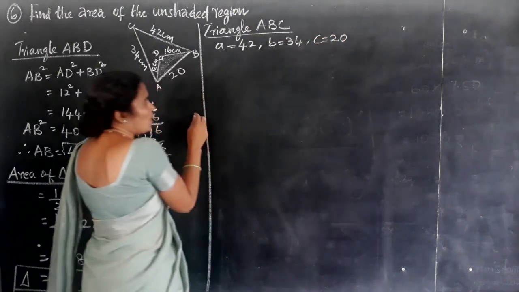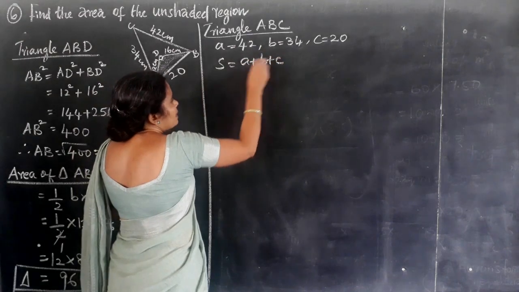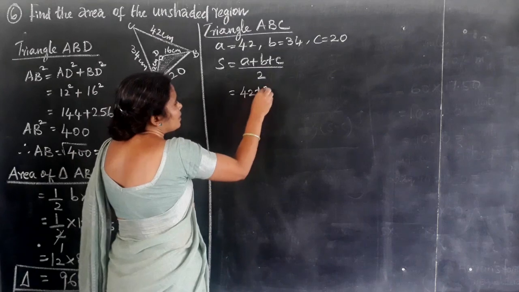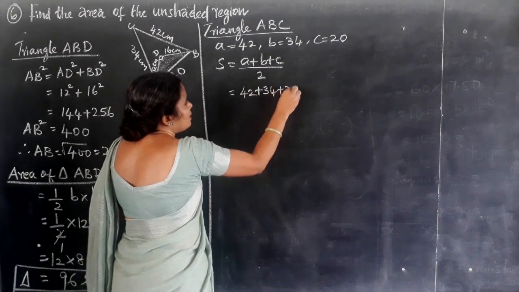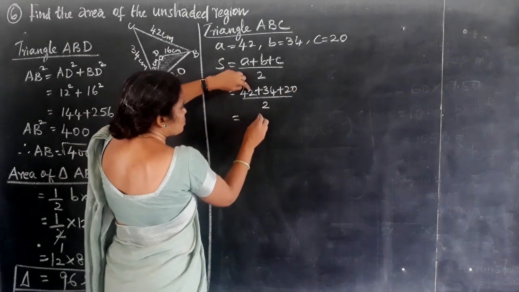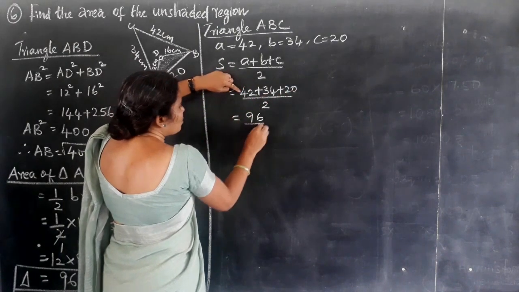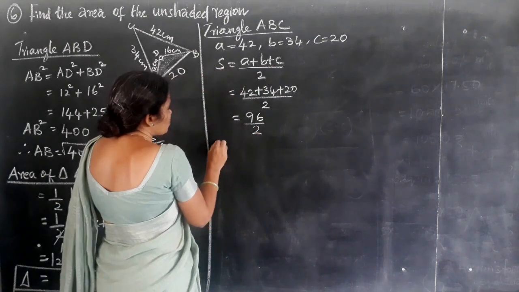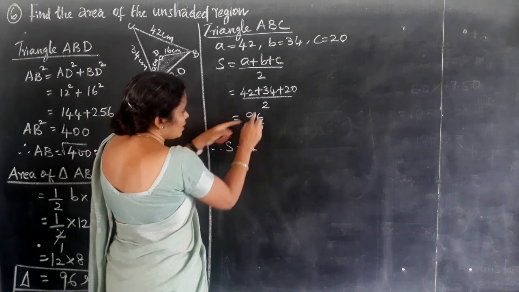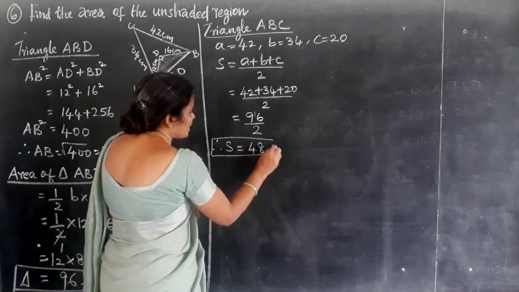Find the value of s. s is equal to a plus b plus c divided by 2. So 42 plus 34 plus 20 divided by 2 is 96 by 2. Therefore s is equal to 48.